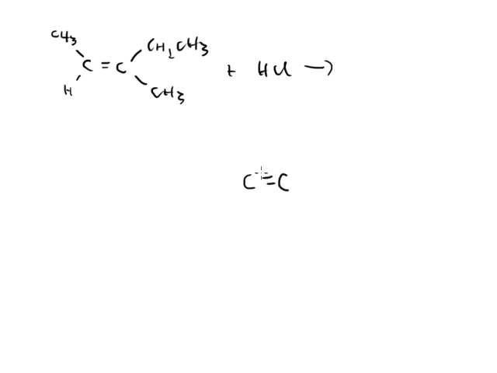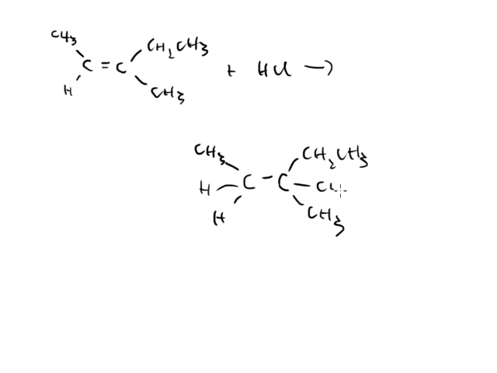I can redraw the molecule just like it is, and then I'm going to erase the double bond, and I'm going to open up two sites of attachment. One's going to go here, and one can go there, and H could go there, and Cl could go there, right? Okay, so there's one type of product.